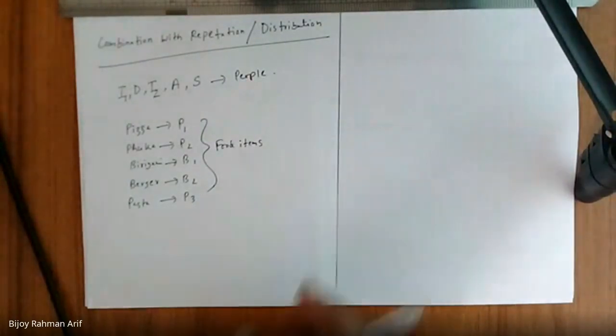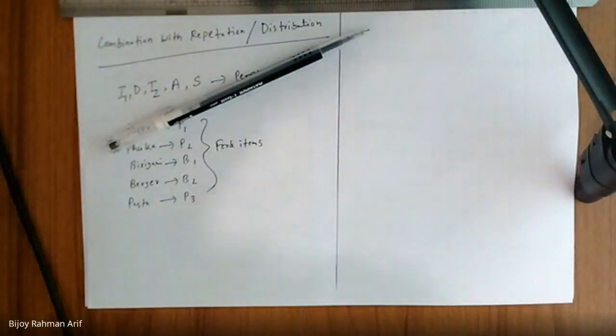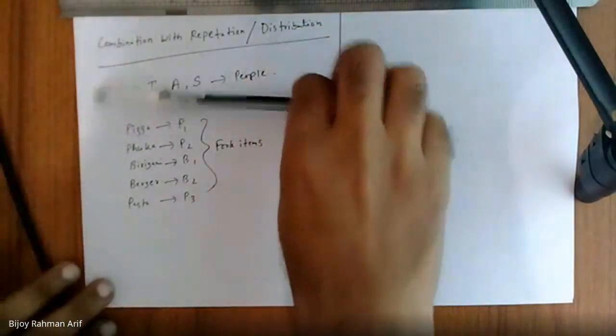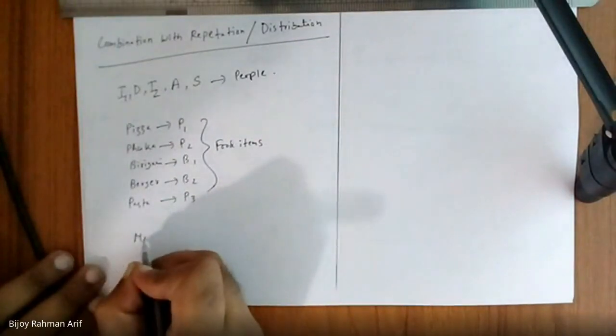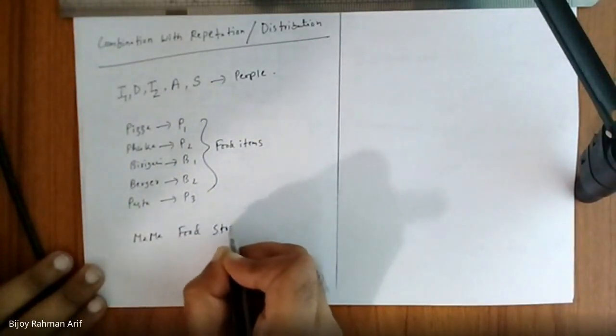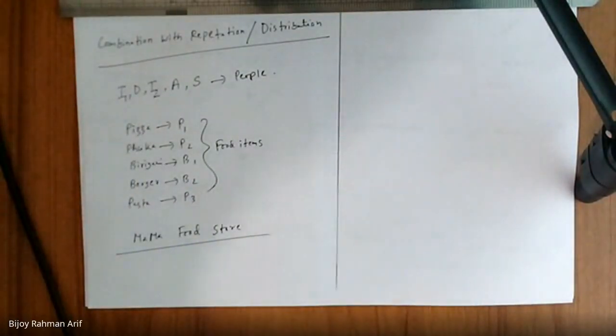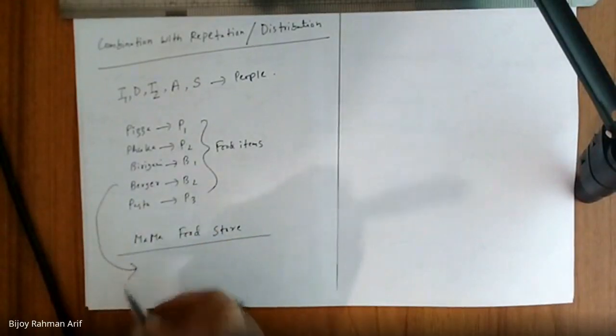They have become very hungry in the afternoon, so on their way back home they entered Mama Food Store, which offers these five food items. This is the menu of Mama Food Store.